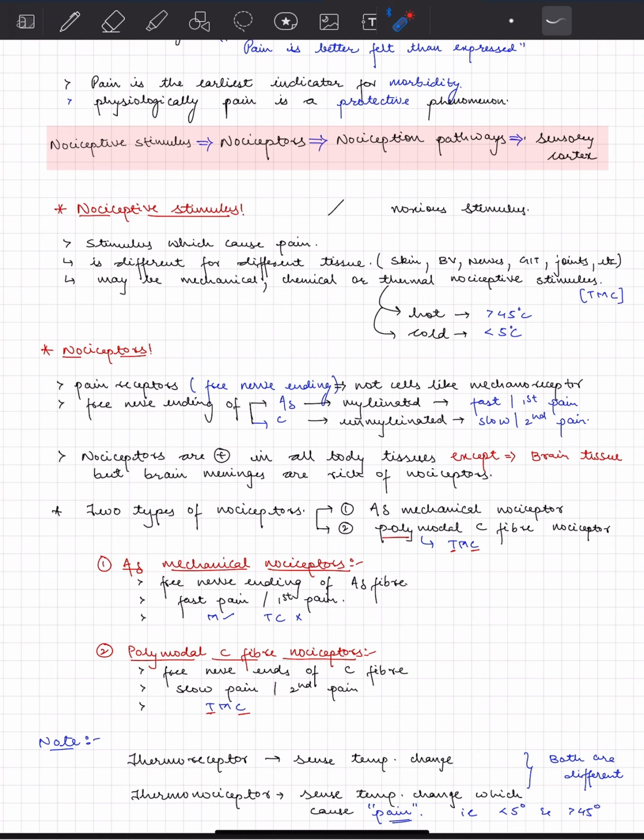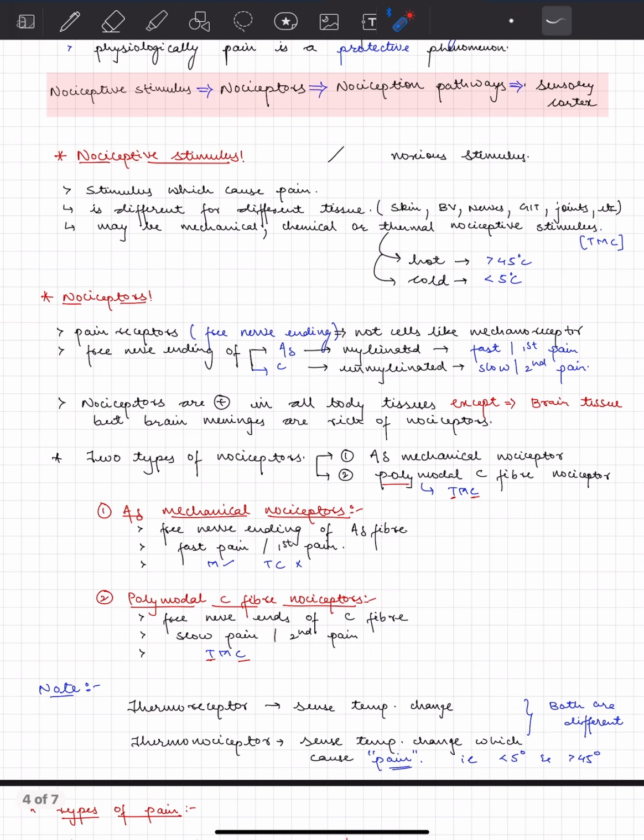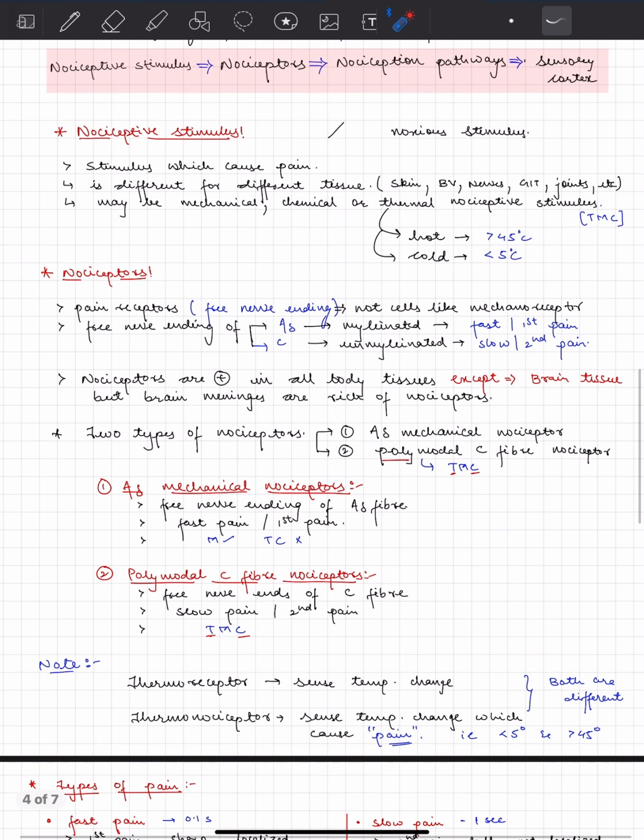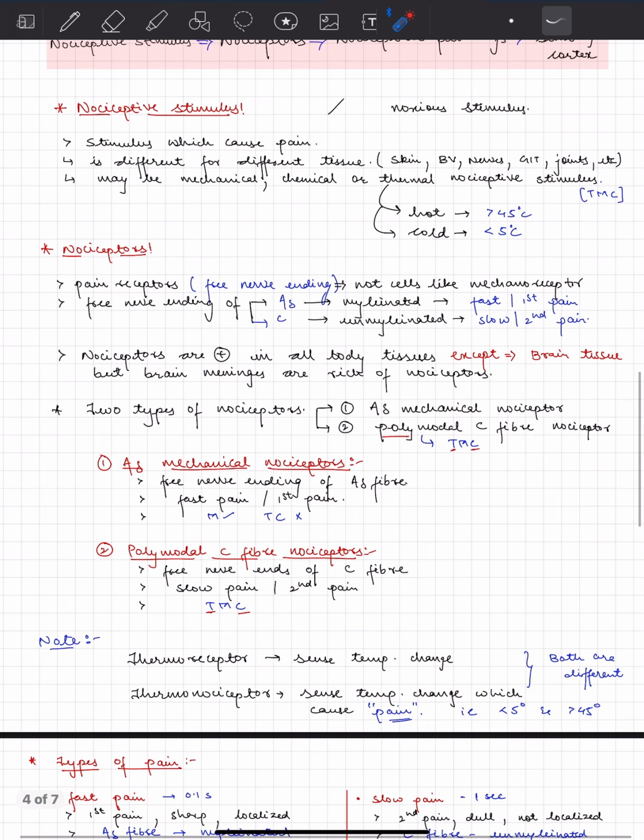So these are the various nociceptive stimuli which cause pain. This is the first part of the pain pathway. When a stimulus comes, it stimulates the nociceptors. In the nociceptors there is a conformational change, and there is formation of an action potential that will carry the impulse to the sensory cortex for the various interpretation.